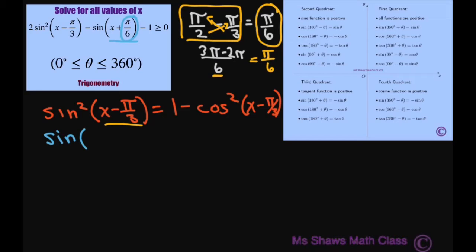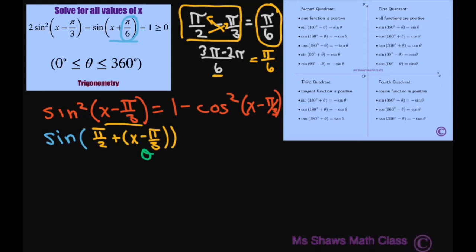So I'm going to rewrite my argument. This is going to be pi divided by 2 plus x minus pi divided by 3. Now it has this form, sine of 90 degrees plus theta.